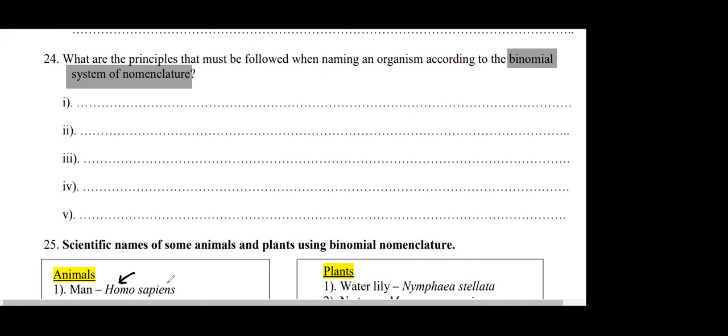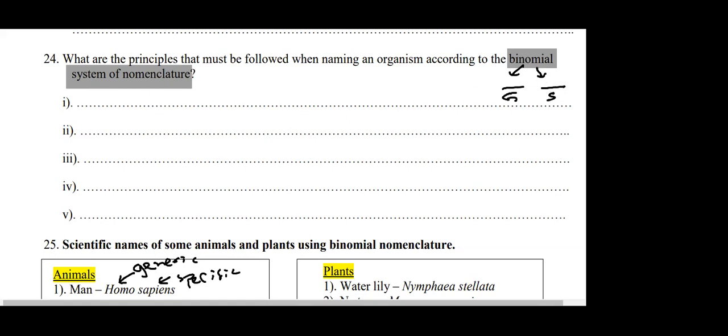Homo is the generic name, genus. Sapiens is the specific name. Therefore any scientific name or binomial nomenclature consists of two words. First you put the generic name, and then the specific name.